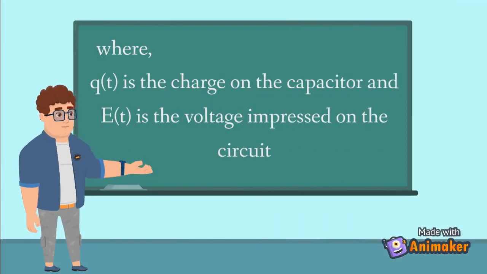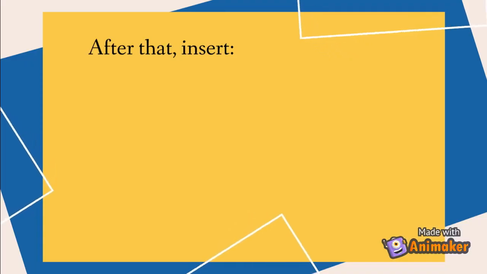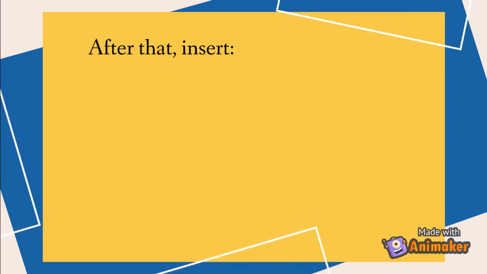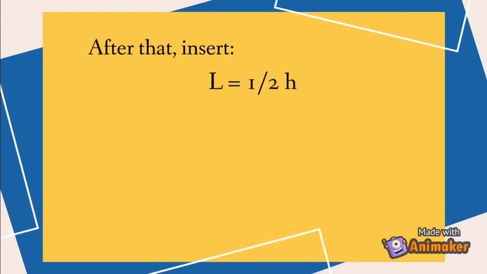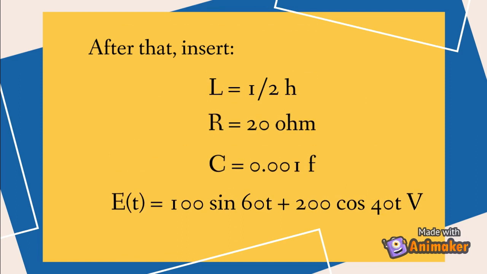where Q(t) is the charge on the capacitor, and E(t) is the voltage impressed on the circuit, the equation can be transformed into this form. After that, insert the values into the differential equation: one half henry for L, 20 ohms for R, 0.001 for C, and 160t plus 200 cos 40t for E(t).